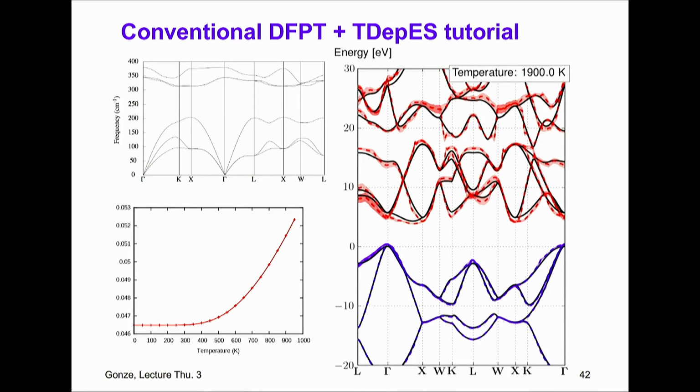In the first track, you will be computing this phonon band structure, and then this temperature dependence of the electronic value, I think, of the top of the valence band of diamond, if I'm not mistaken. And then at the end, you will be shown how to compute this thing, though you will not perform such a nicely converged calculation. This was obtained with a 43 by 43 by 43 Q-point grid, so a bit hard.